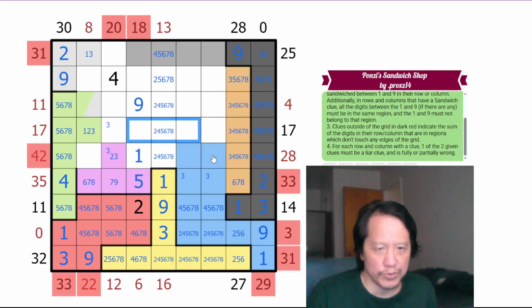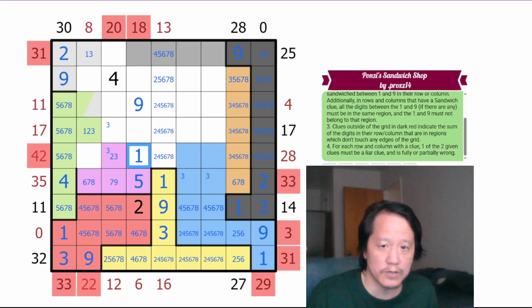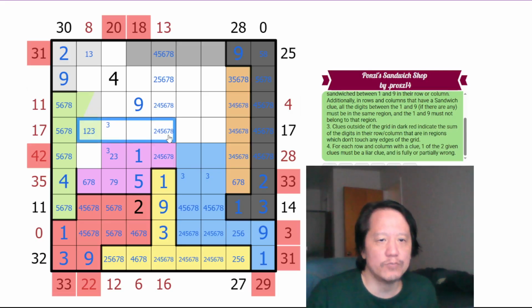It can't be blue, can't be pink because this is the last pink here. So then pink would have to be here. Pink would obviously have to be there to connect. Green wouldn't work because green would have to be part of the 1 and the 9. We already have 30 here adding up for the green.